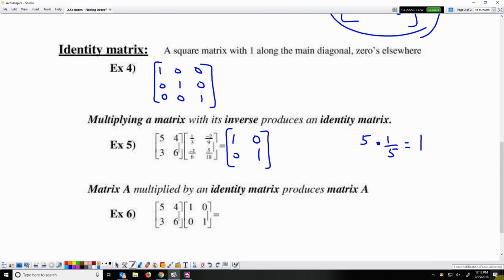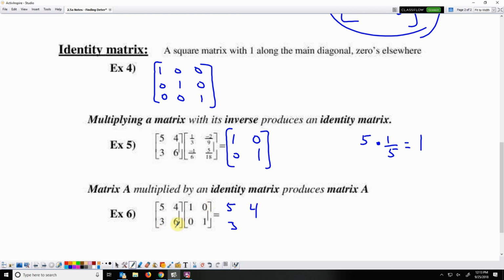Okay? If I was to multiply this matrix by an identity matrix, 5 times 1 is 5, 4 times 0 is 0, 5 plus 0. Okay, next column, 5 times 0 is 0, 4 times 1 is 4, 0 plus 4. Next row, 3 times 1 plus 6 times 0 is 3.